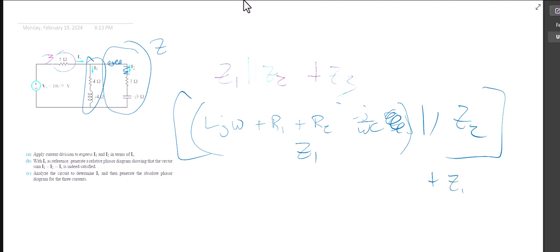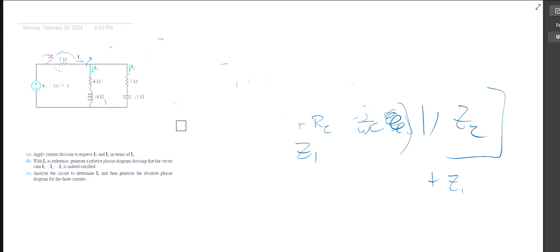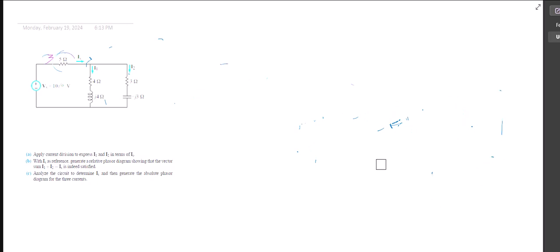Okay, so that gets us our equivalent impedance, and let me show you what you would do to find that. I'm not going to do the complex arithmetic, but I will show you what to do. So I have these impedances, again I'll call this Z1, Z2, Z3.